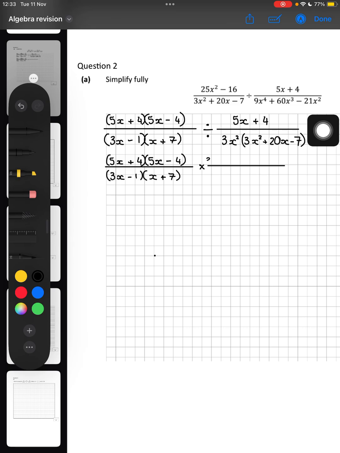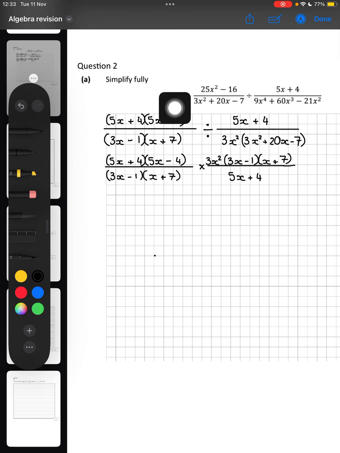So it's going to be 3x by, and then the same factors that I wrote down here. So my 3x minus 1 and my x plus 7. Okay, and then my 5x plus 4.